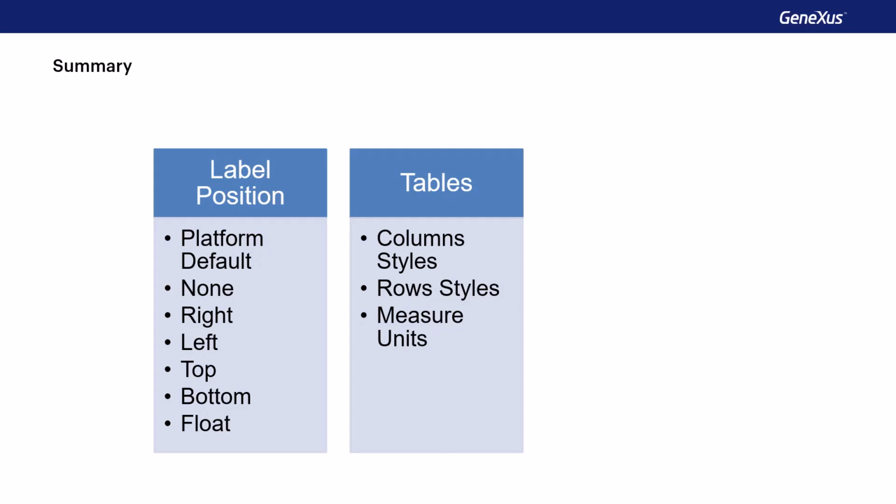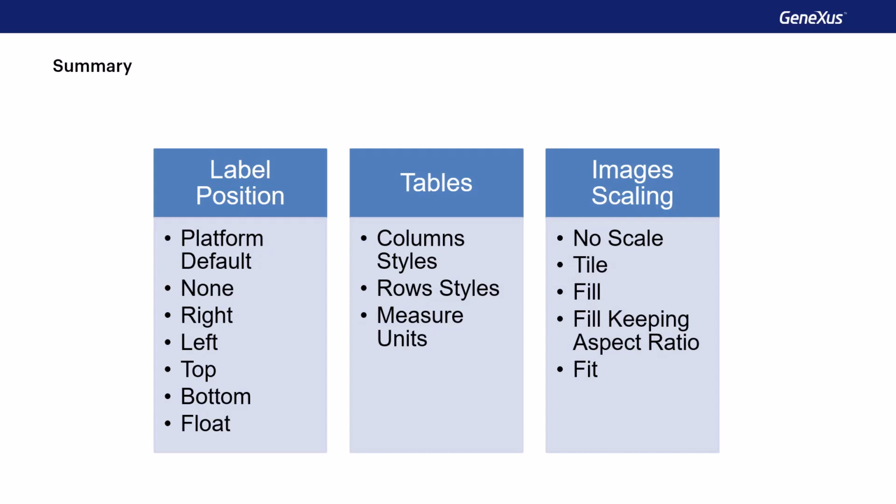We talked about measurement units dips, percentages, and the value PD, platform default, for rows. Finally, we talked about image scaling and its different values: no scale, tile, fill keeping aspect ratio, and fit. This helped us improve the look and feel of the travel agency application. In future videos, we'll continue to develop other features to complete the application.